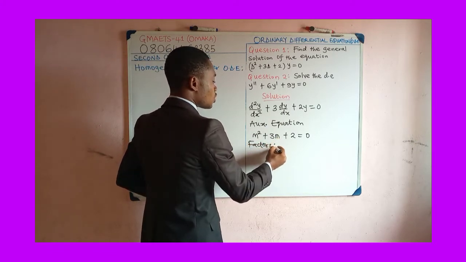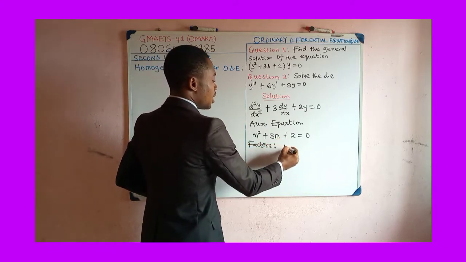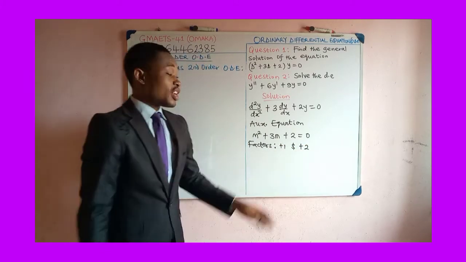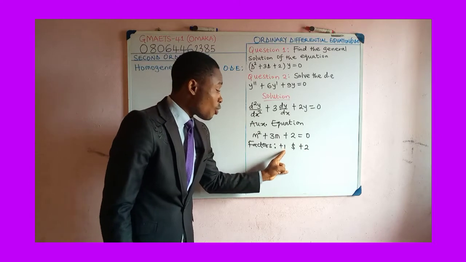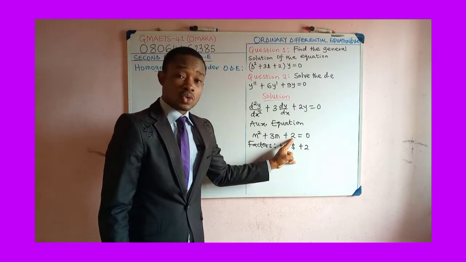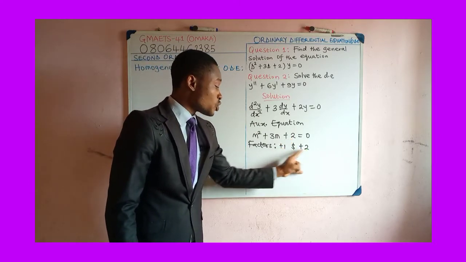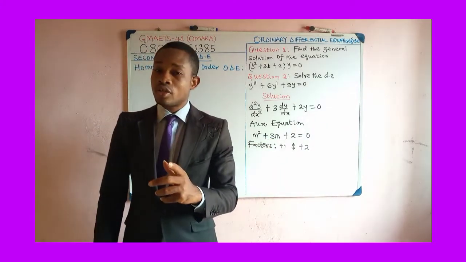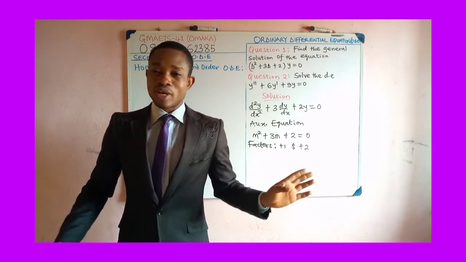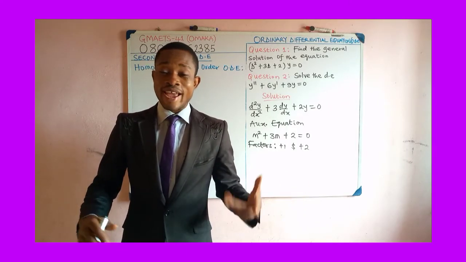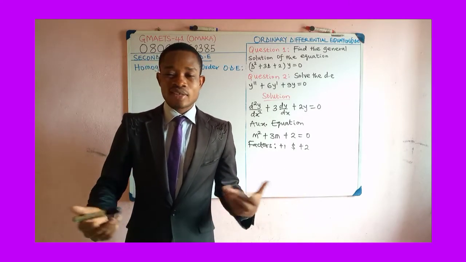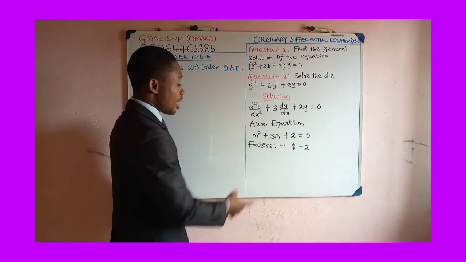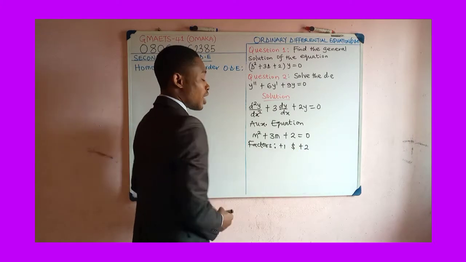The factors that will solve this problem are plus 1 and plus 2, because if you multiply 1 and 2, you get plus 2, and if you add plus 1 to plus 2, you get plus 3. Remember, you were urged to learn how to solve your quadratic equation, both by factorization and the formula method, as well as maybe using completing the square. So this could be factorized, and we are factorizing now. The factors are plus 1 and plus 2.